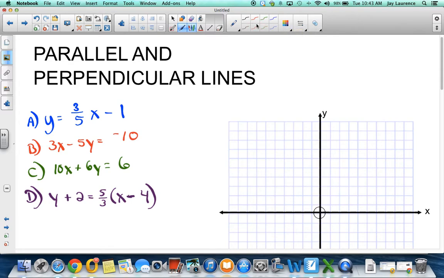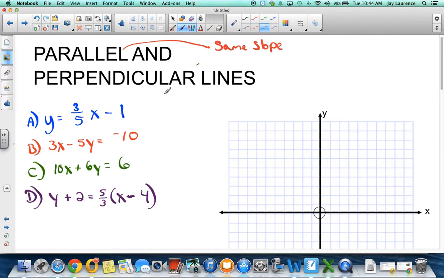All right, remember, parallel and perpendicular lines have a special relationship. Please do not tell me parallel lines never cross. That is the elementary school definition of parallel lines. The high school definition is parallel lines have the same slope. Same slope.